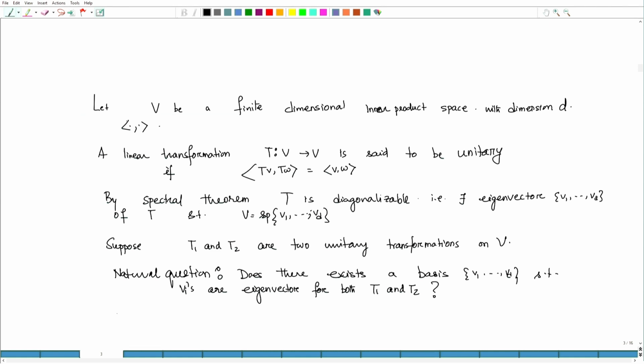In other words, can T1 and T2 be simultaneously diagonalizable?